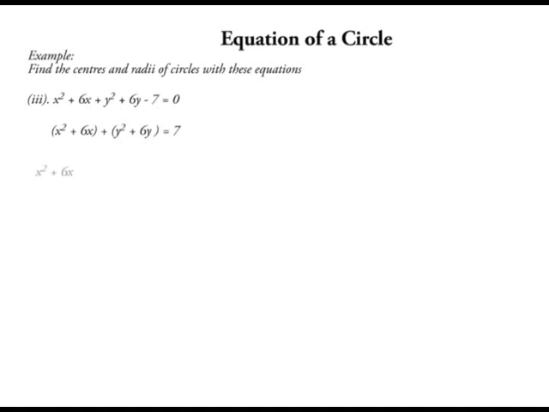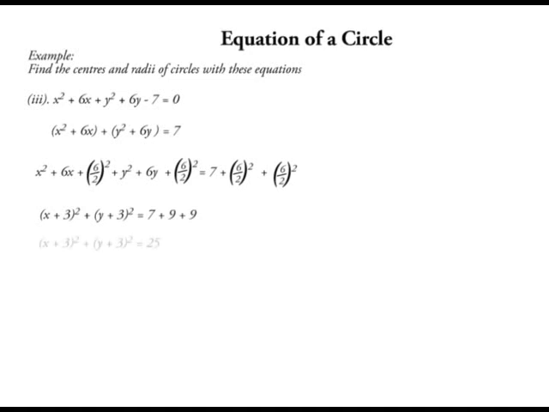B for the first bracket is 6, and also for the second bracket is 6. So we shall have x squared plus 6x plus 6 over 2 squared, then plus y squared plus 6y plus 6 over 2 squared is equal to, we add all of them to the right hand side, 7 plus 6 over 2 squared plus 6 over 2 squared. 6 over 2 is 3, and so we shall have x plus 3 squared plus y plus 3 squared is equal to 7 plus 3 squared is 9 plus another 9.